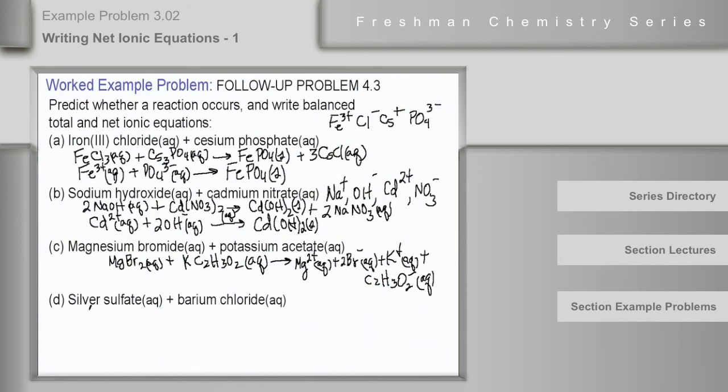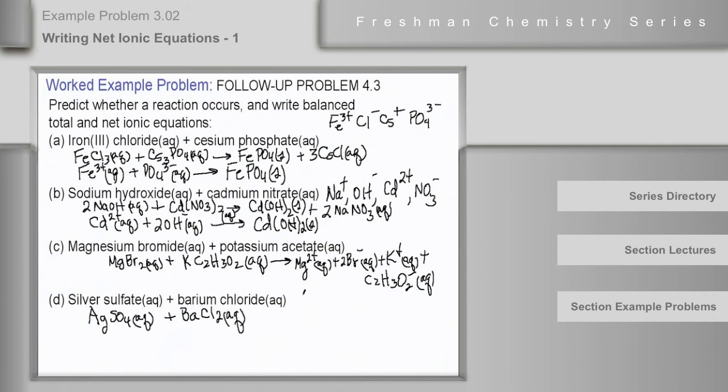Finally, number D, we have silver sulfate and barium chloride. Silver sulfate would be Ag2SO4 aqueous plus barium chloride would be BaCl2 aqueous.